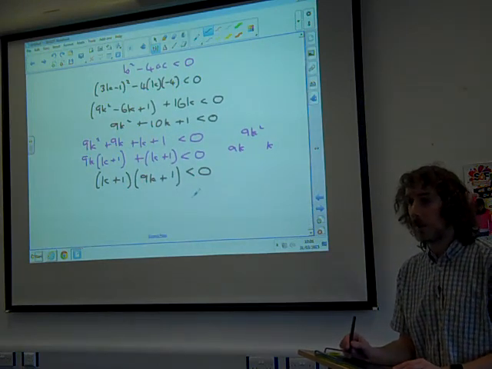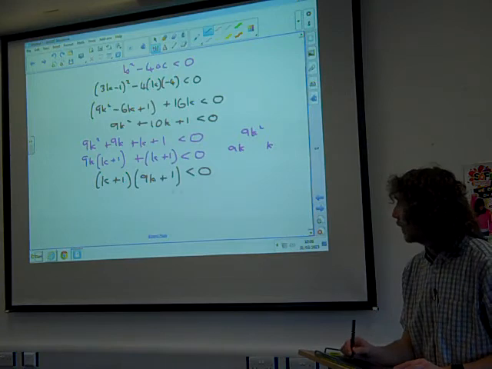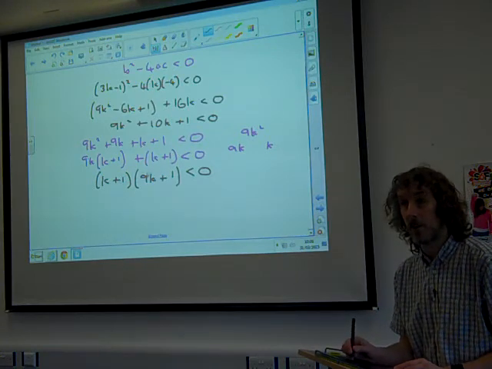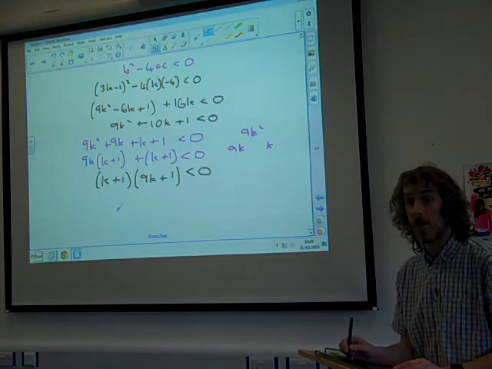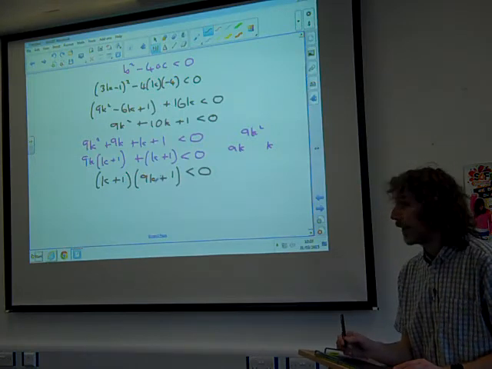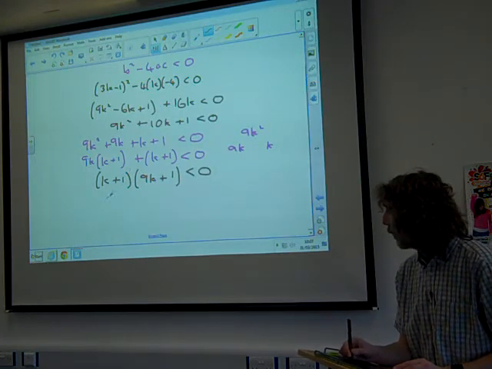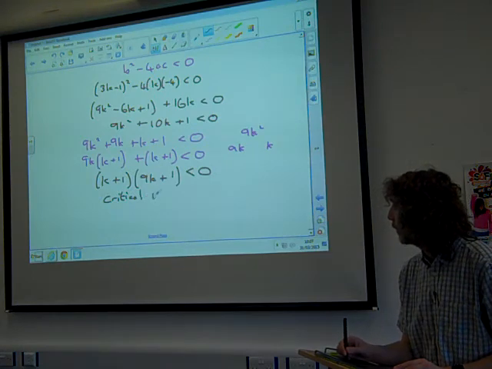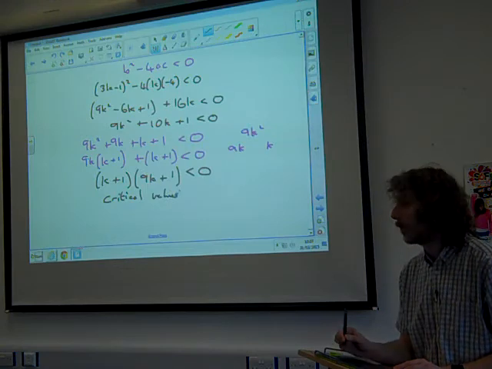And the thing to do when we've got a quadratic inequality like this is that it's important that at this point we don't jump straight into saying that k is less than minus 1 and k is less than minus 1/9, because we can't deduce that straight away. At this point, I like to write that what we've got here are critical values. In this curve, we can identify values that are important.